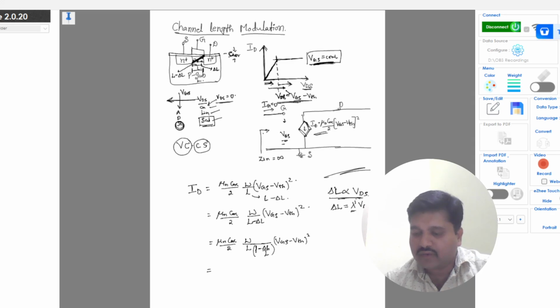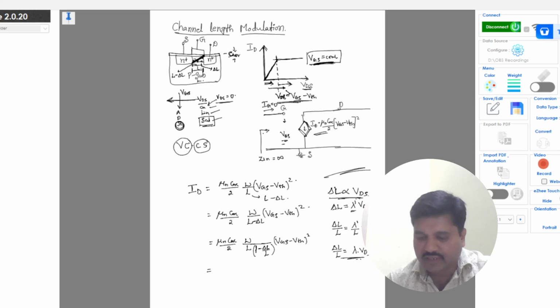Now taking this equation, dividing by L on both sides, delta L by L is equal to lambda dash by L into VDS. We will write this as delta L by L equal to lambda into VDS.